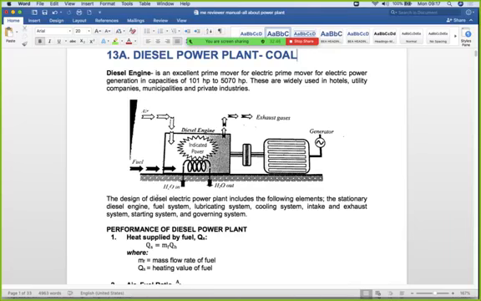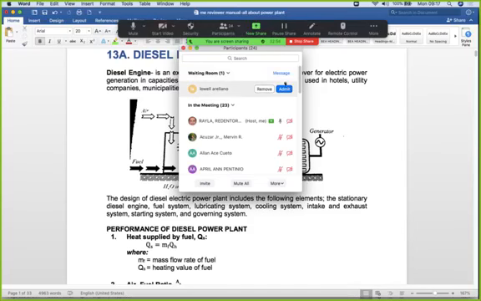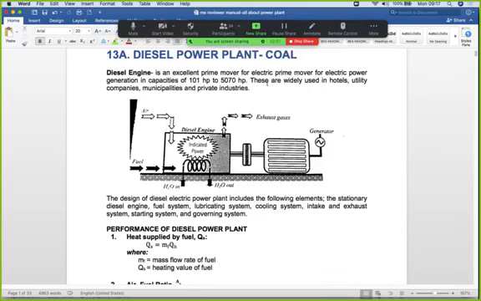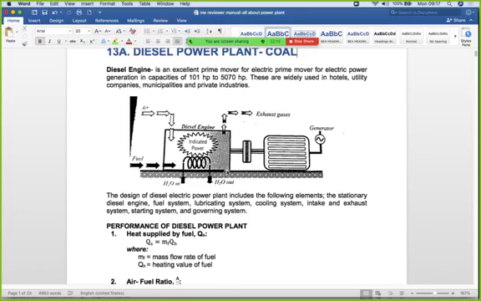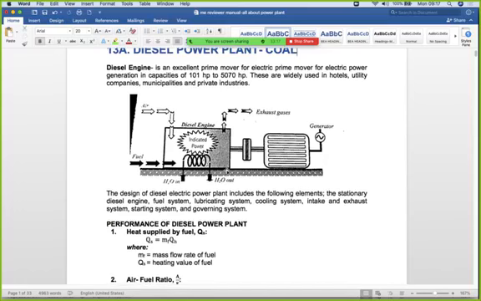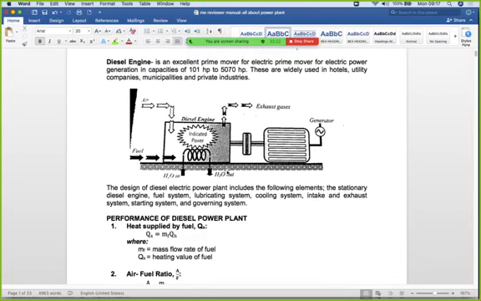Here, air is compressed to go inside the cylinder. What comes out after the four-stroke cycle is the exhaust gases. The fuel comes in by means of isentropic compression. If you remember last time, the four processes and the isentropic compression with a compression ratio.